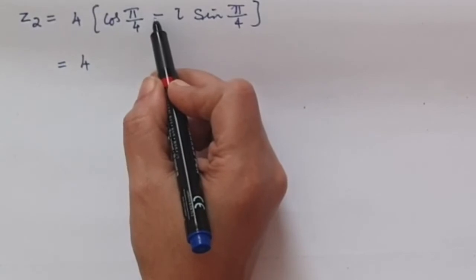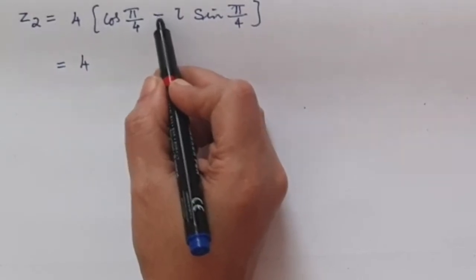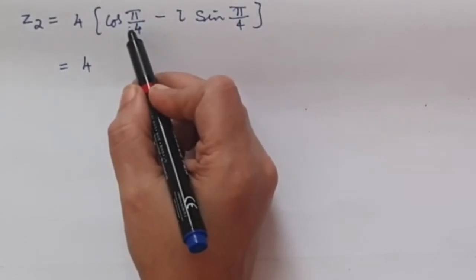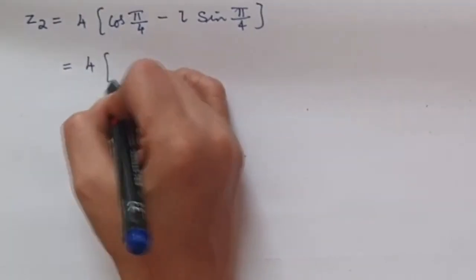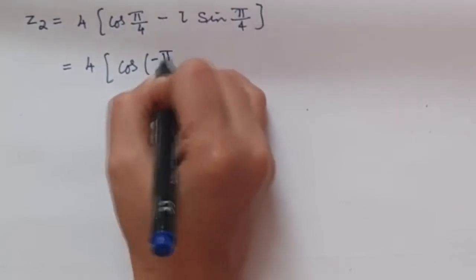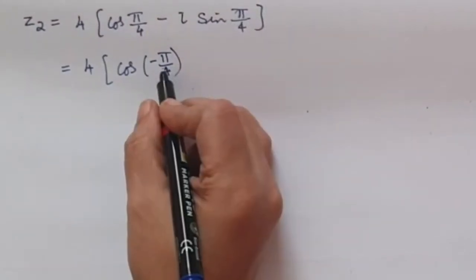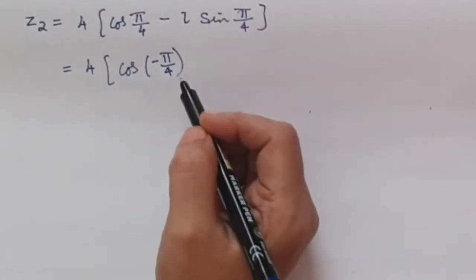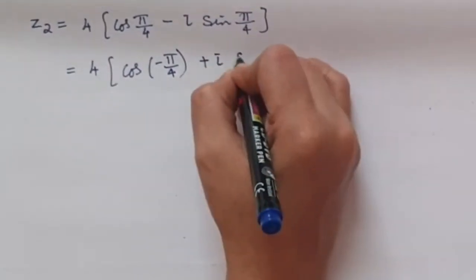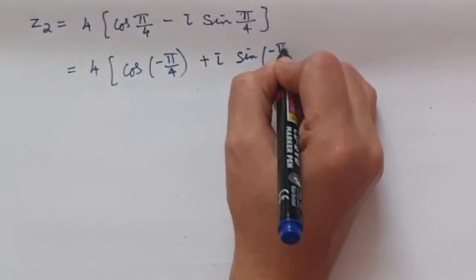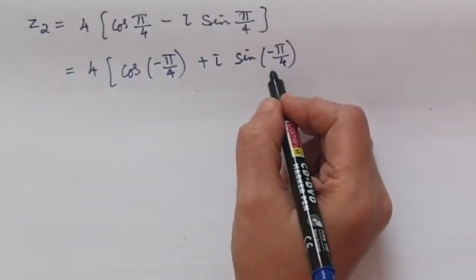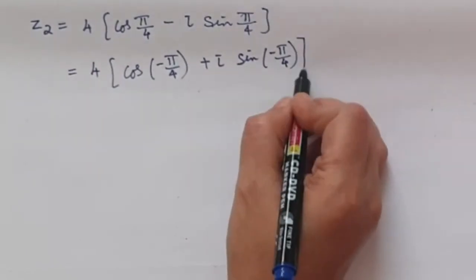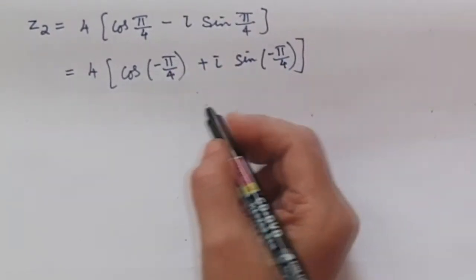So in order to change that to addition, we take this negative to the argument. When you're taking it over here, we have to include a negative sign. So it will be cos of minus pi by 4, because cos of minus pi by 4 and cos pi by 4 will give you the same answer. You can cross check with your calculator. So plus I sin minus pi by 4, but sine of minus pi by 4 will be equal to minus sine pi by 4. Because of that only, that negative sign we have taken inside.